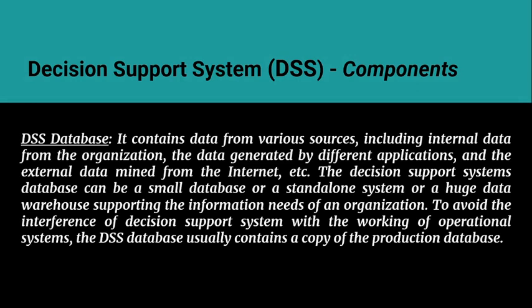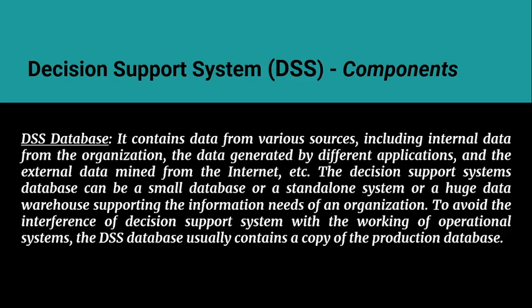Right? First is the DSS database, which contains data from various sources. That may be internal data from the organization, then the data generated by different applications, and even external data obtained from various sources, including the internet. Right? Now the decision support system database may be a small database, or it may be a standalone system, or it may be a huge data warehouse that will support the information needs of the organization.